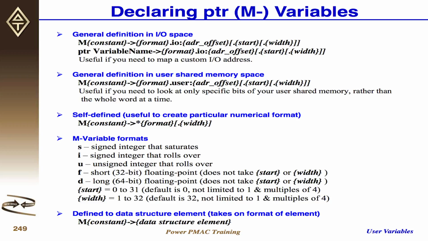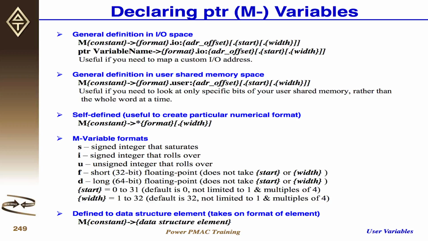Now for that format, for this blank.io or blank.user, you have a couple of different options. You can choose a signed integer that saturates at a maximum value. That'd be an s.io or an s.user. I.io or .user would be an integer that rolls over and starts back again.